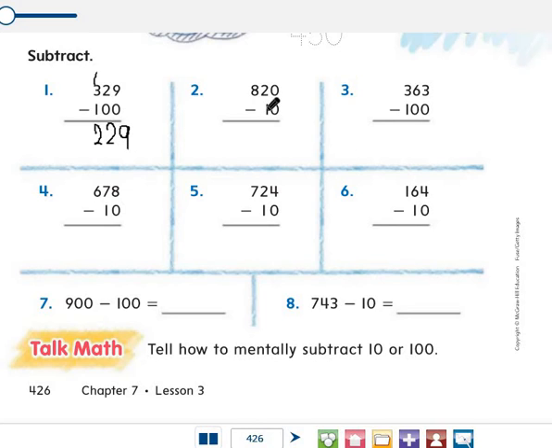Here we will subtract 10, so we will look at this digit. 2 minus 1 equals 1, and we will keep the other digits as is. Or you can subtract as usual. You will say 3 minus 0 equals 3, starting with the ones digits. 6 minus 0 equals 6, and 3 minus 1 equals 2.